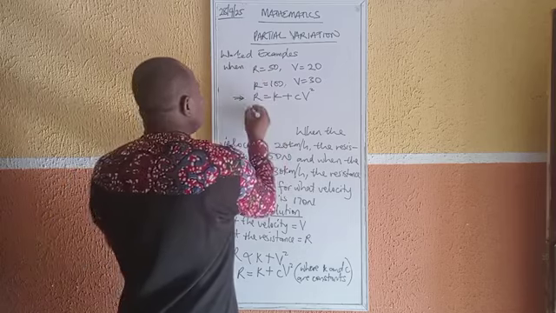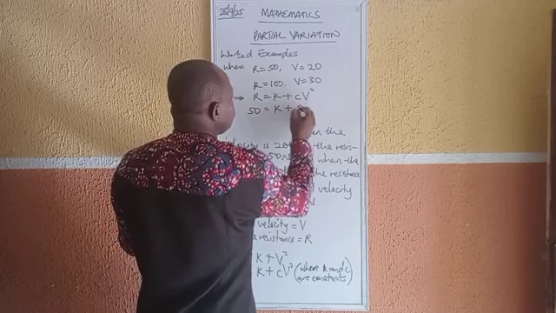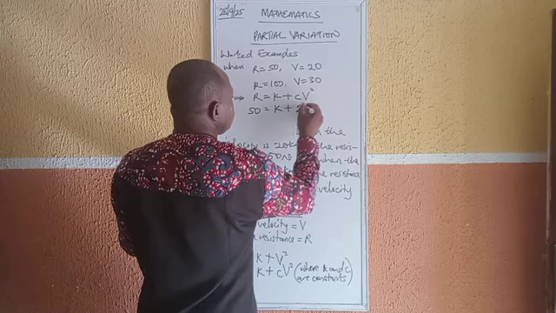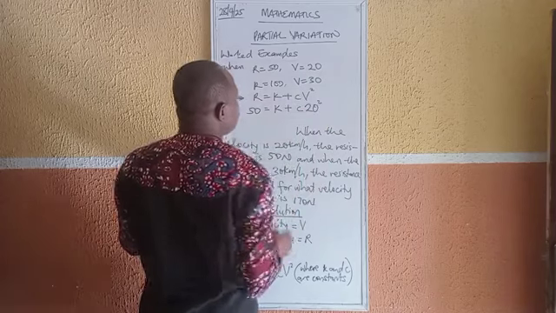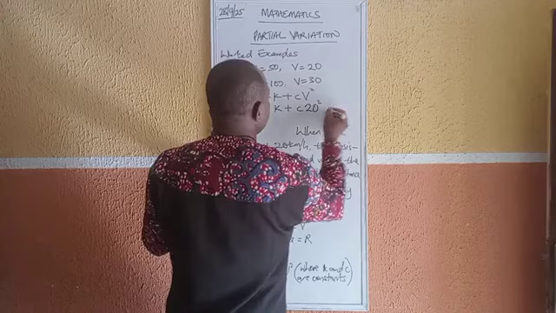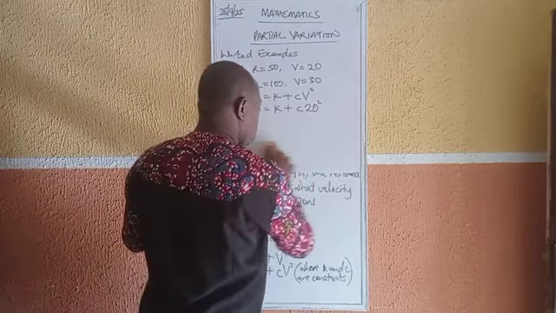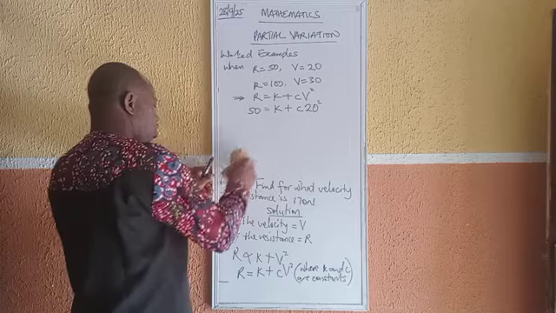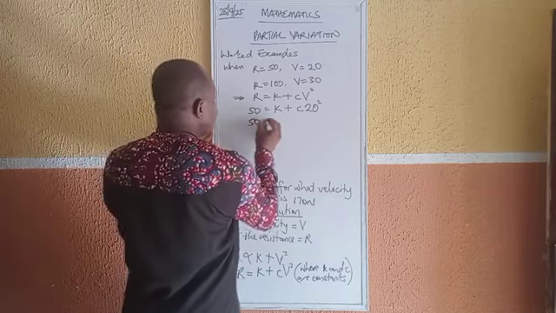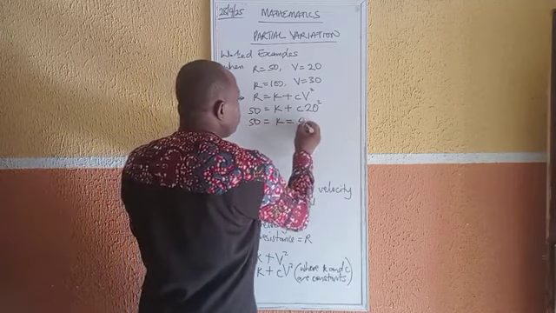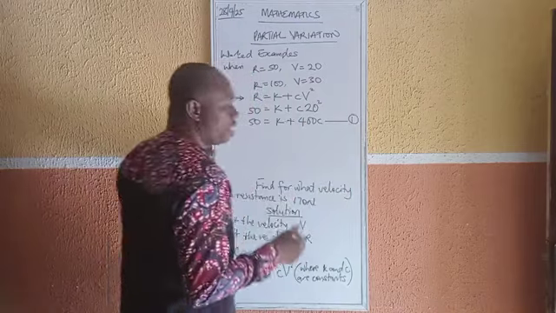So that is going to be 50 equals K plus C times 20 squared, which is 50 equals K plus 400C. That's our equation 1.